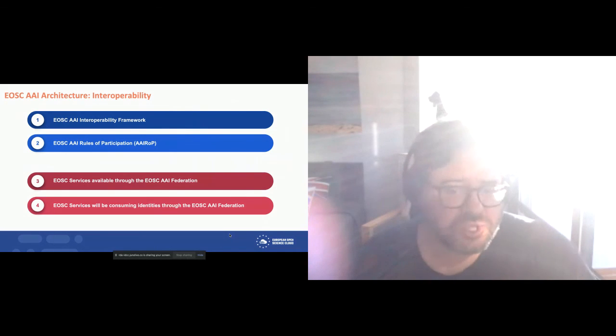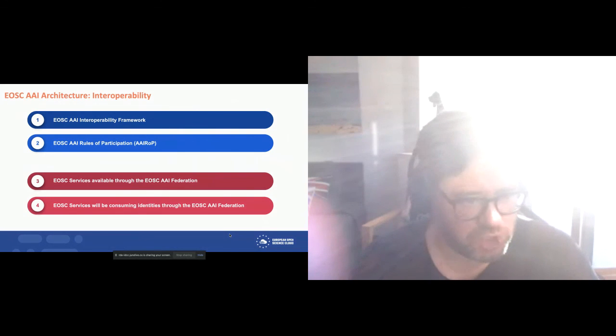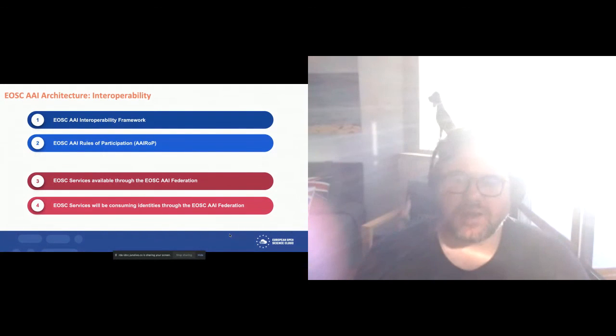That the EOSC services need to be available through the EOSC AAI Federation, one place through which all the EOSC services will be made available to be consumed, and that EOSC services will be consuming identities through the EOSC AAI Federation, again with a clear expectation of what kind of attribute release should be expected, etc. Next slide, please.